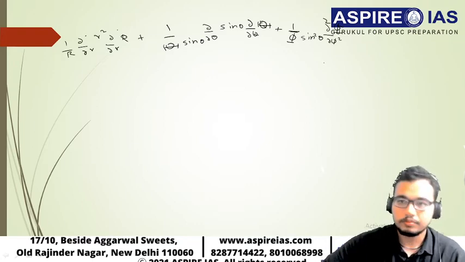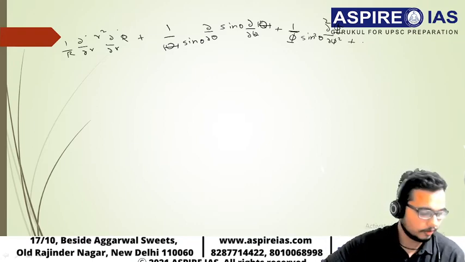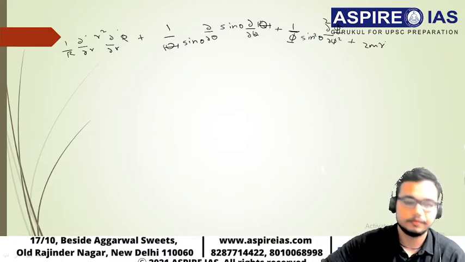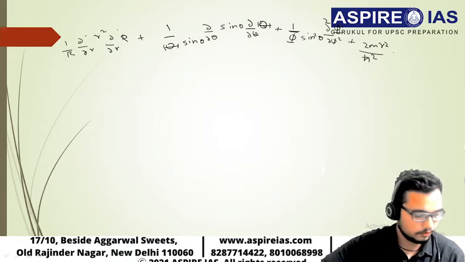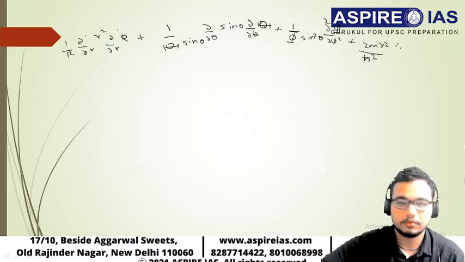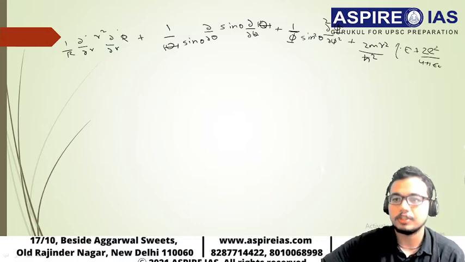Alright, plus now we had also multiplied by 2m r square by h bar square. Here h bar is h upon 4 pi, into E plus z square by 4 pi epsilon naught r.